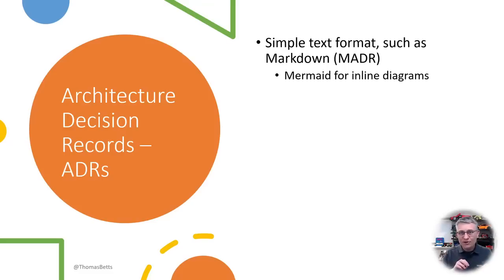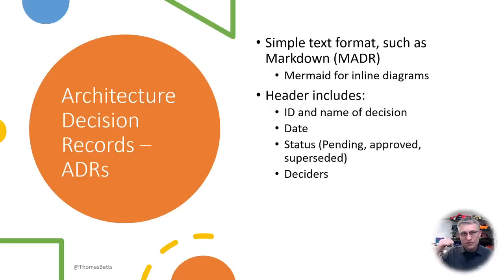I can type madr new, the name of my decision, and I get a new file. It's added to a little index catalog, and then I just start writing. And it tells me what to fill in. And because it's Markdown, you can do Mermaid diagrams. So if you have simple diagrams that might help you describe and visualize the options you're considering, you can put those in there as well.